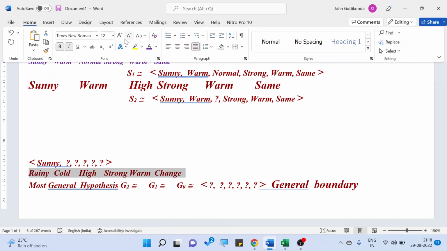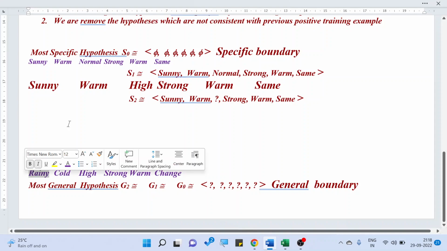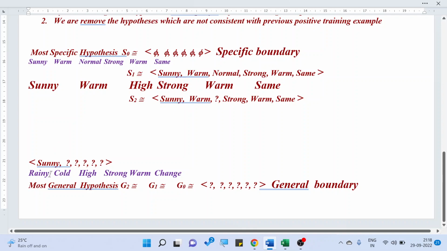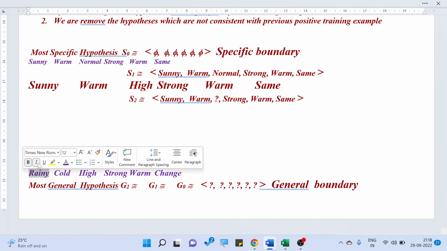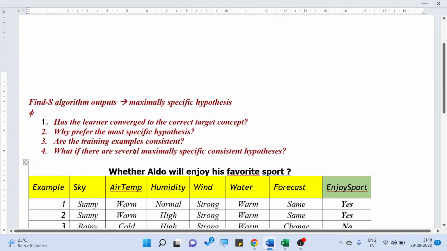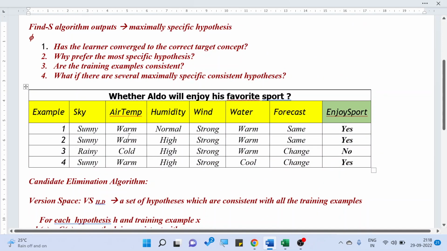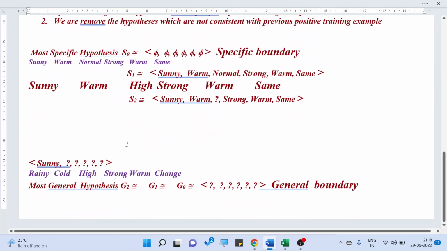He is saying if the air temperature is cold, he will not enjoy. So what is the other option for me? If it is warm, he will enjoy.